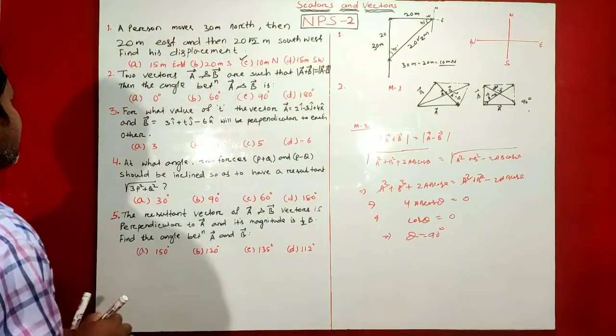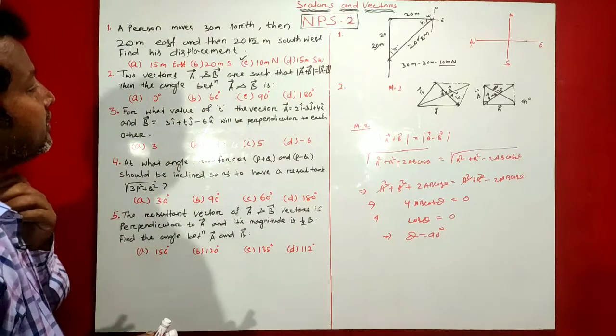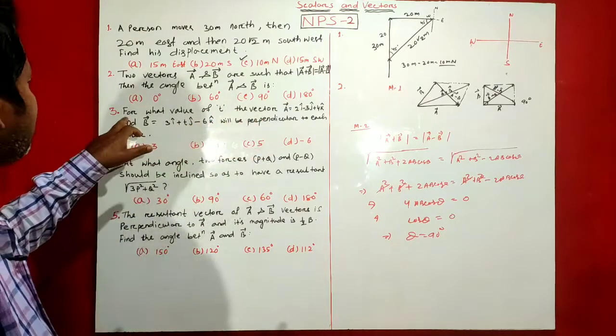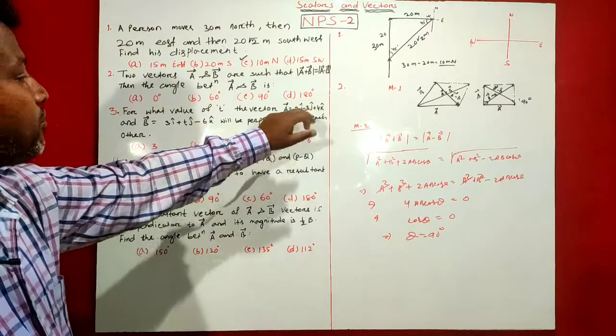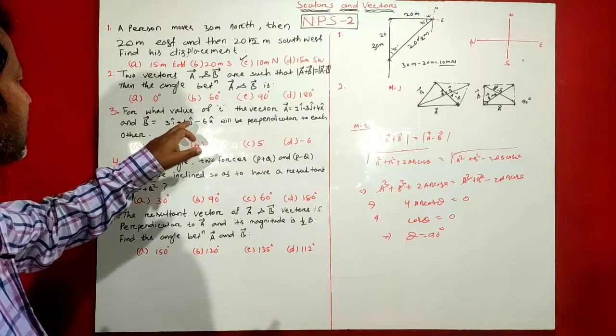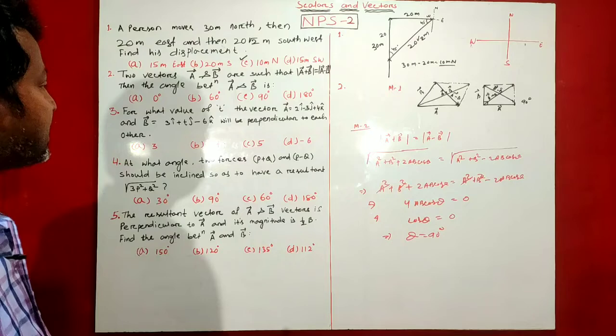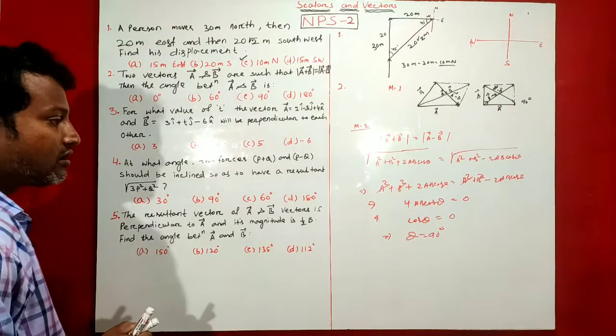Next, guys, number 3. For what value of t will the vector A equal to 2i cap minus 3j cap plus 4k cap and vector B equal to 3i cap plus tj cap minus 6k cap be perpendicular to each other?